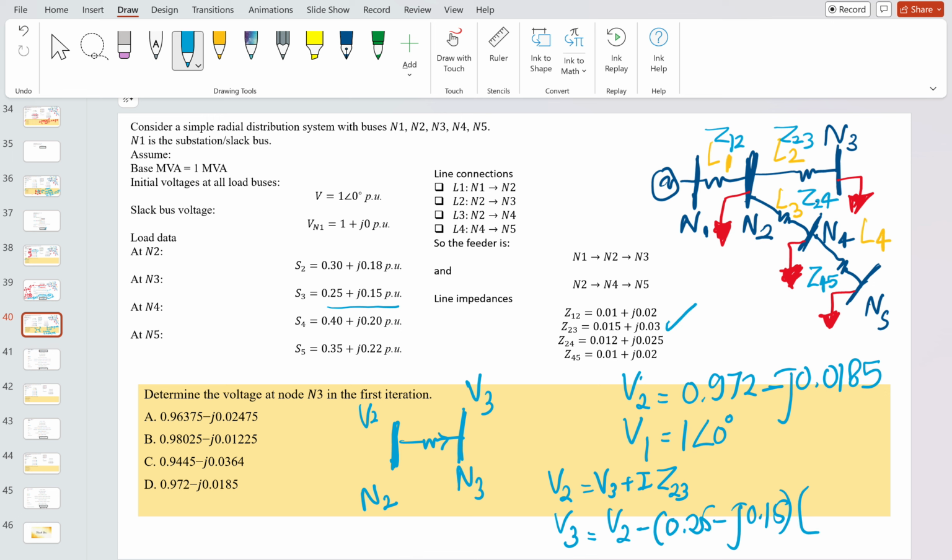Z23 is given here, 0.015 plus j0.03. You just have to multiply it and subtract from V2, and you will get V3.